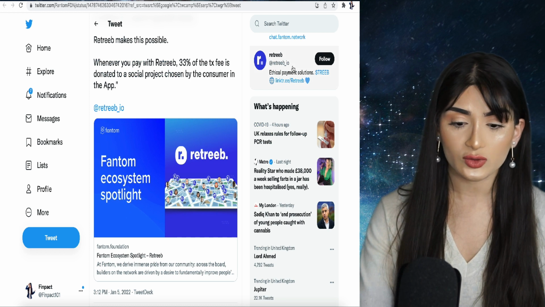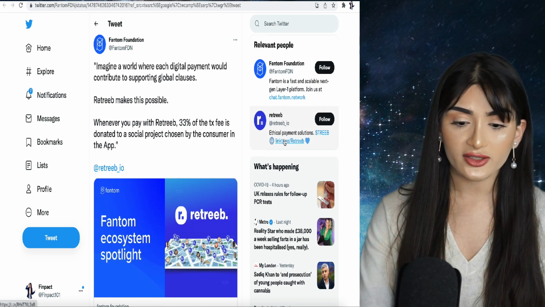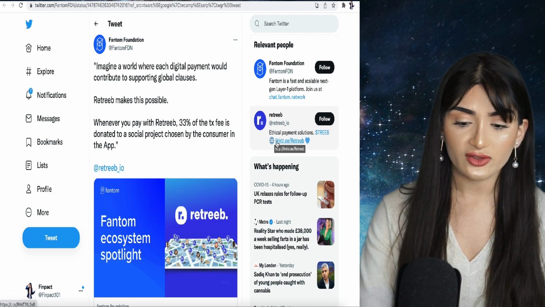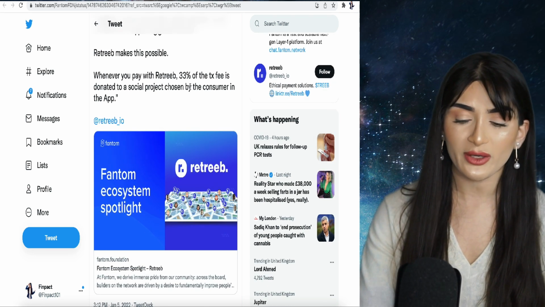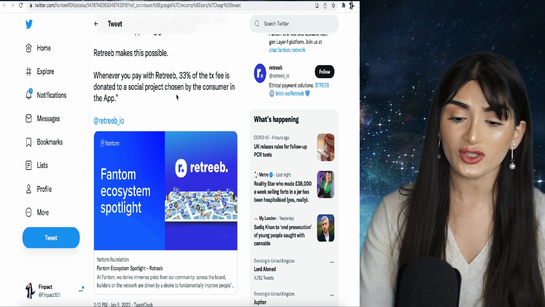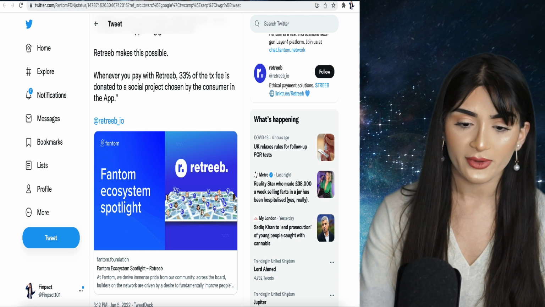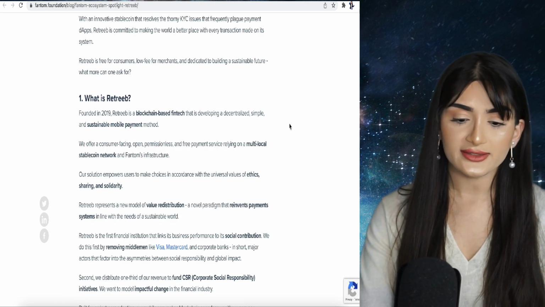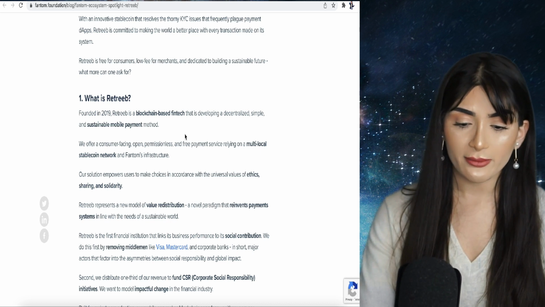So one of the ones I wanted to talk about was that they have partnered with Retrieve. So this is an online mobile payments company. They're essentially saying that whenever you pay with Retrieve, 33% of the transaction fee is donated to a social project chosen by the consumer in the dApp. So Retrieve is a blockchain-based fintech that's developing a decentralized, sustainable mobile phone payment method.